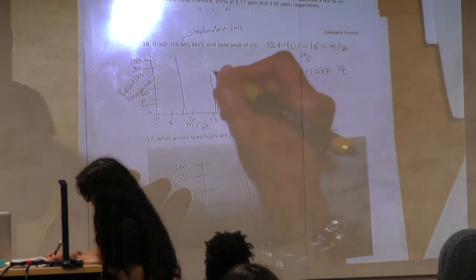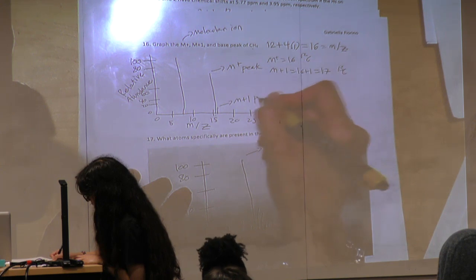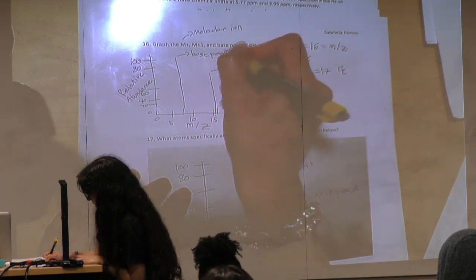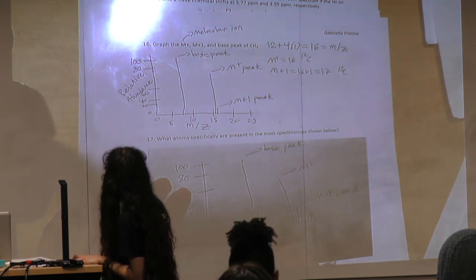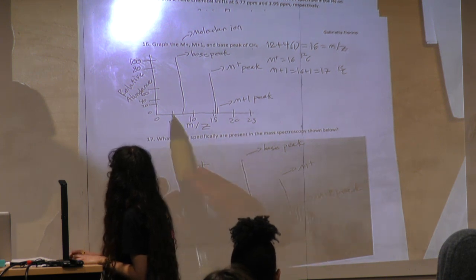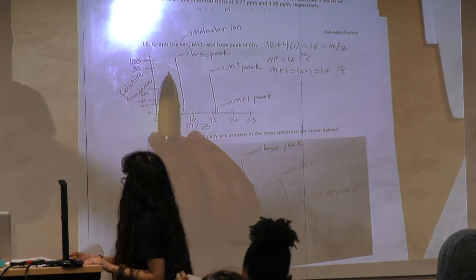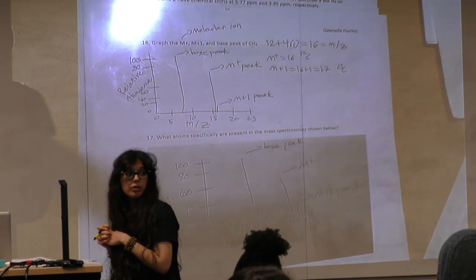M+1, molecular ion peak. And then this is our base peak, like we said. Is there any reason in particular you put your base peak there? No, not at all. We can't find our base peak, so I just wrote a random one. It just has to be the tallest peak in the structure.